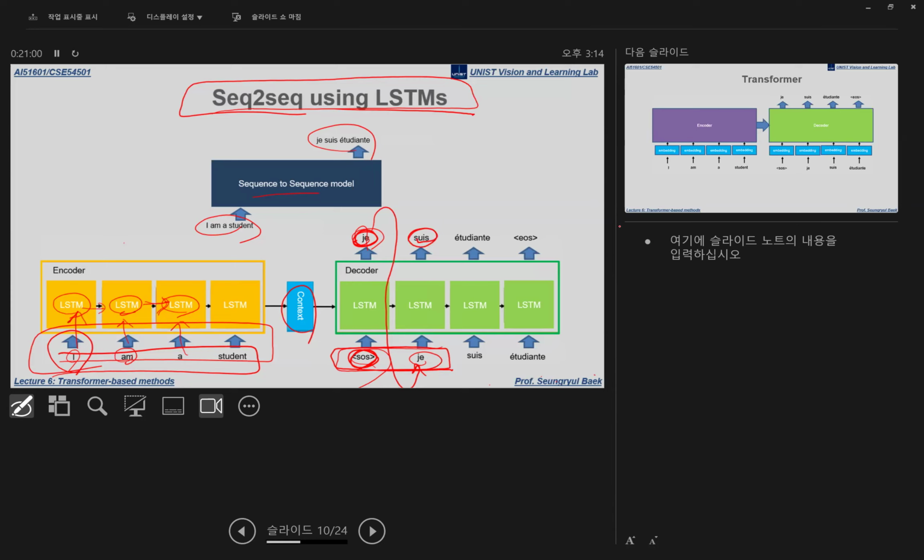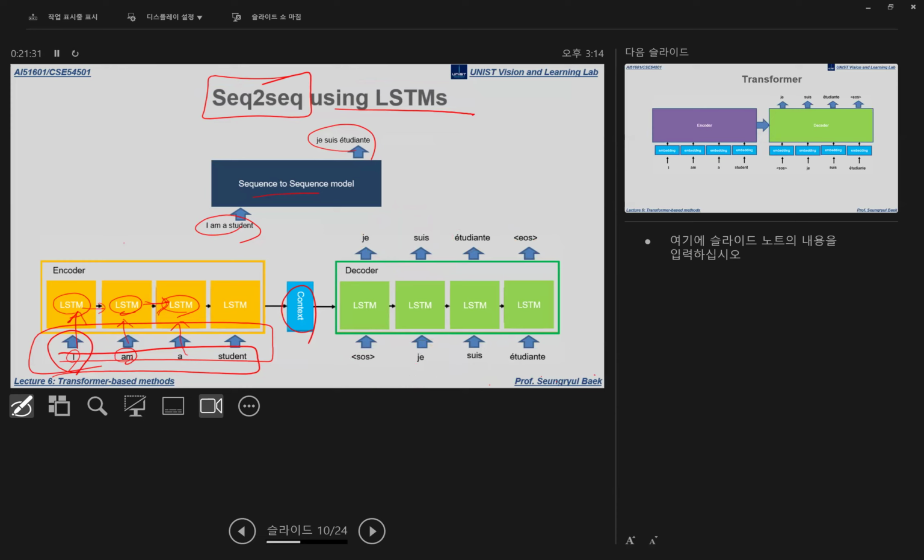And again, we input this estimated second word as an additional input to the decoder, and then estimate the next word. We iterate this until we meet the end of sentence token. Okay, so this is the sequence to sequence model composed of these LSTMs.